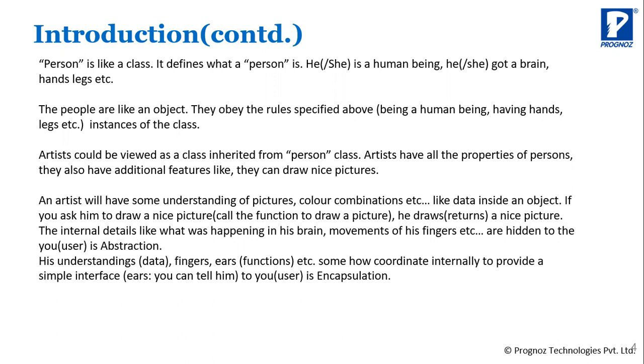As human beings, we have hands, legs, a head, a brain, eyes, ears. What is the class here? Person is the class, and people are the objects.